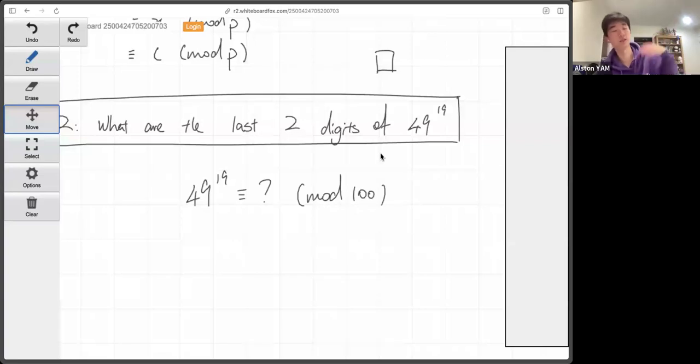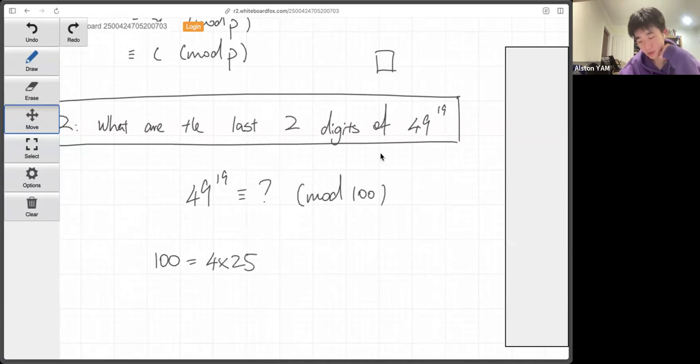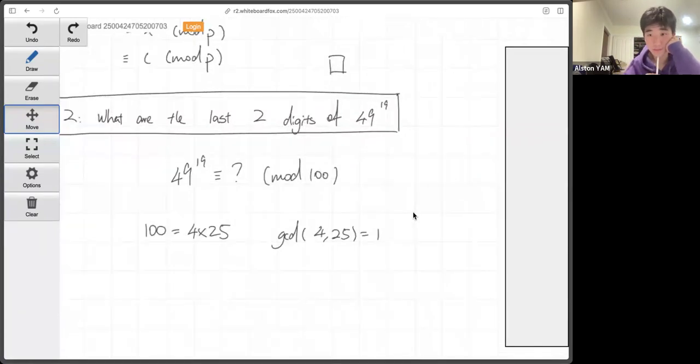Because to find the last 2 digits, you can literally just take the remainder when you divide by 100. But what we need to note is that 100 is equal to 4 times 25. And the important thing is that the GCD of 4 and 25 must be 1. That's the important thing.